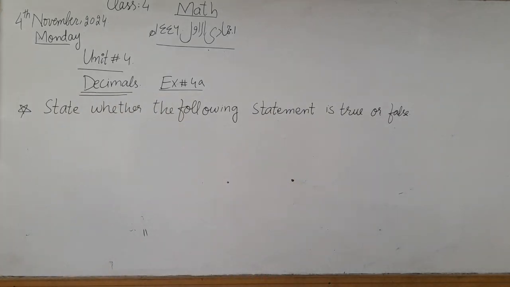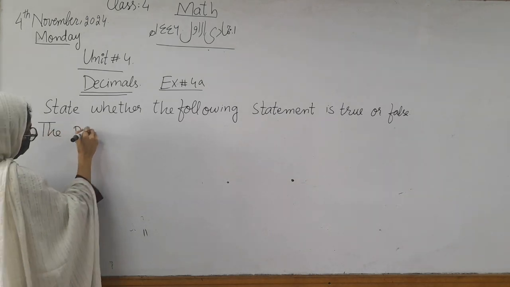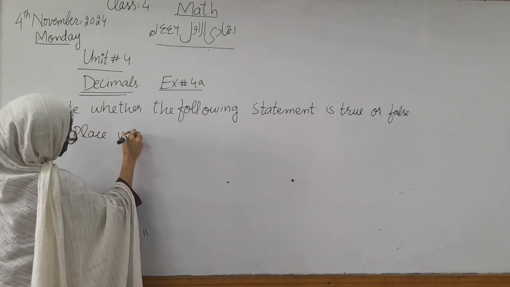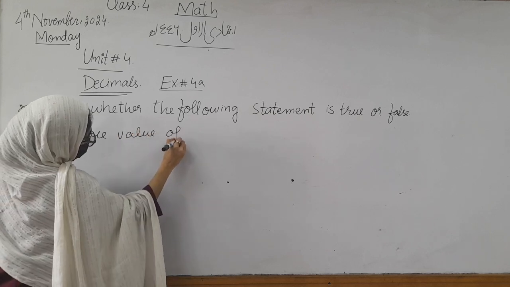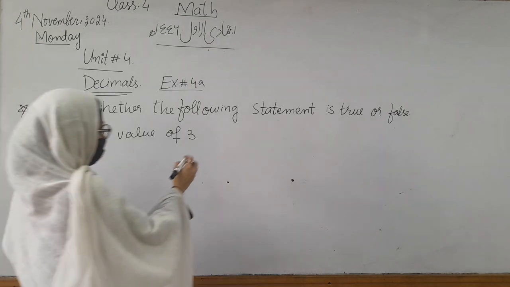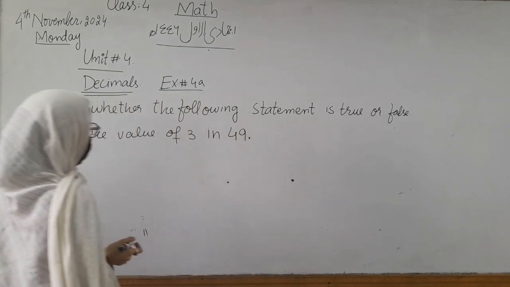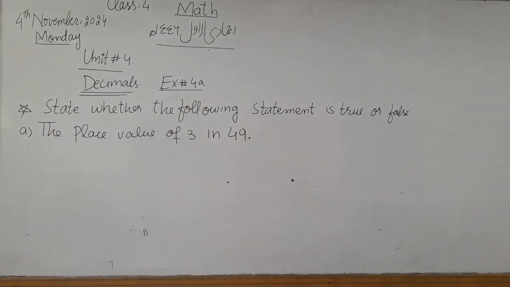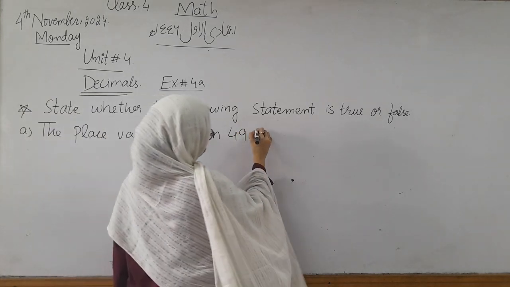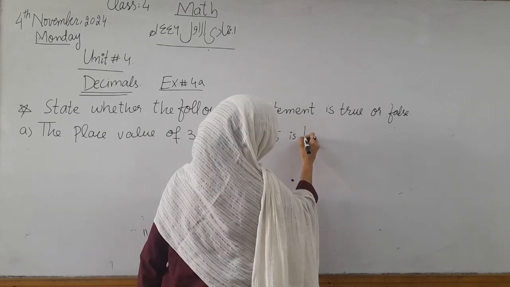The first statement is: the place value of 3 in 49.135 is tens.